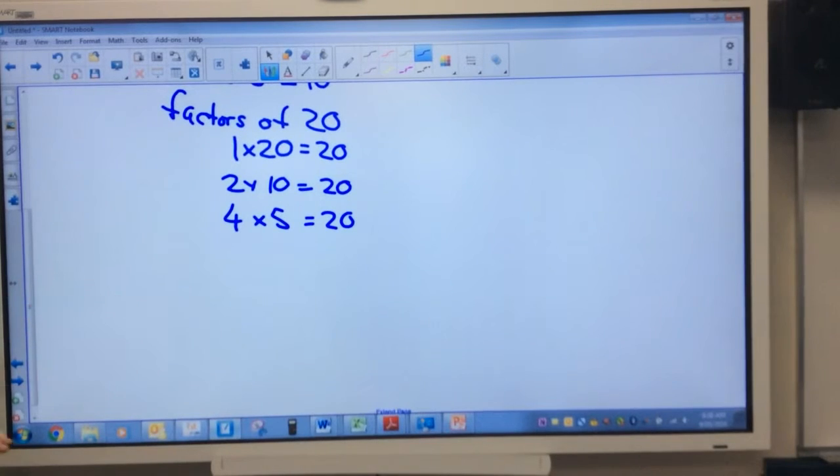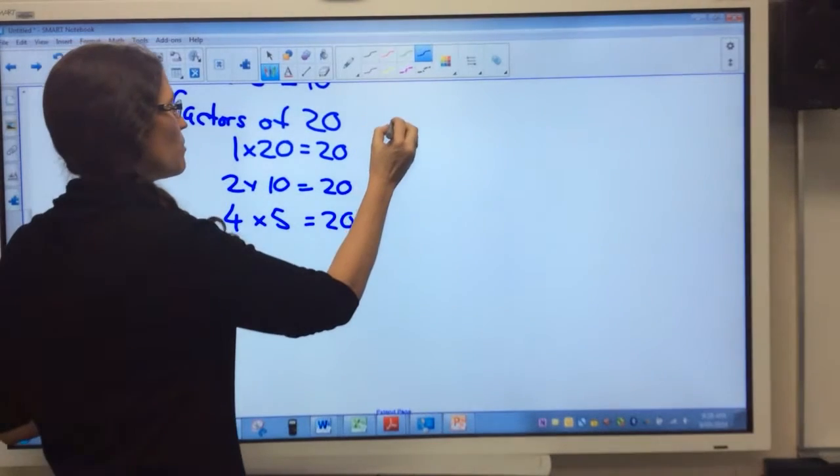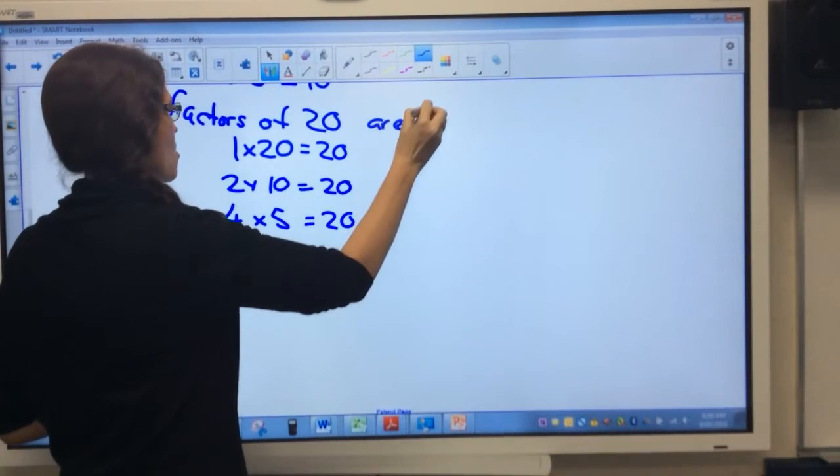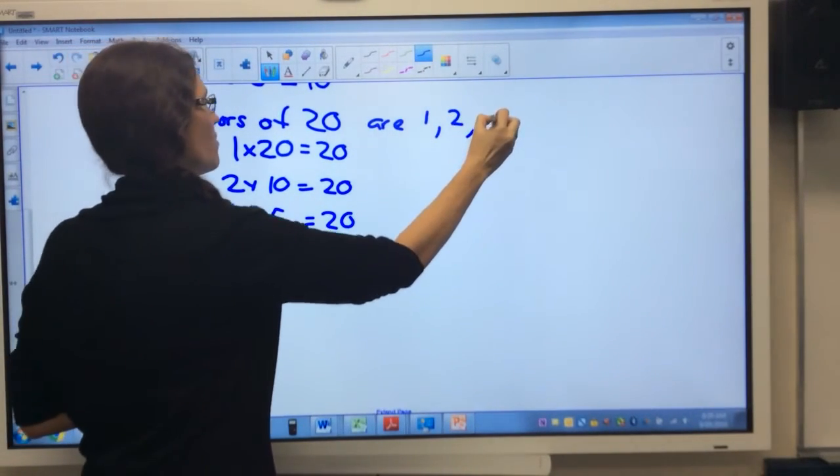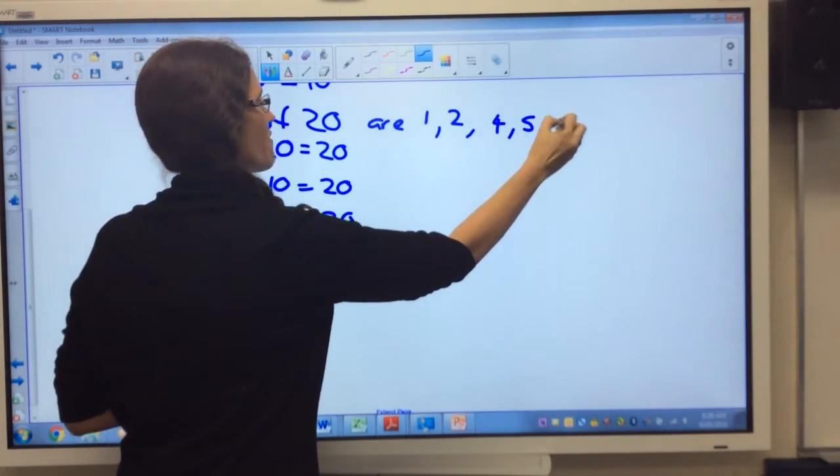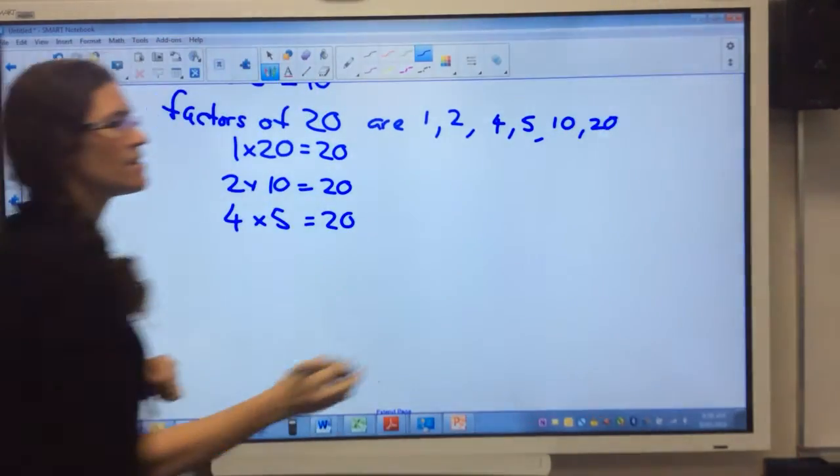I don't have to keep checking 6, 7, 8, 9 because I know they're not going to work. Okay, so you're guaranteed you found all the factors. So this time I have 6 factors. So if I wrote them in order, the factors of 20 are 1, 2, 4, 5, 10, 20.